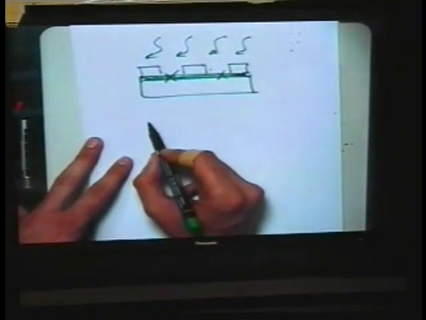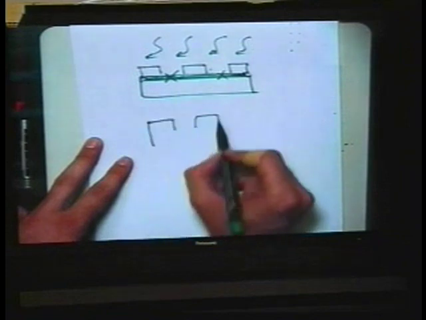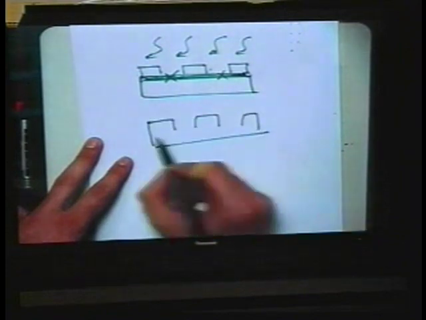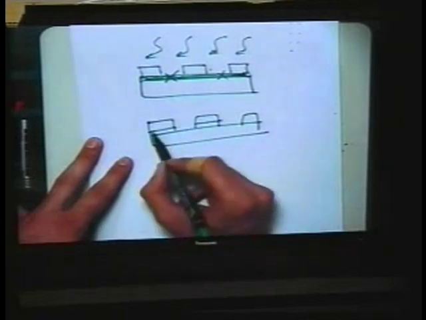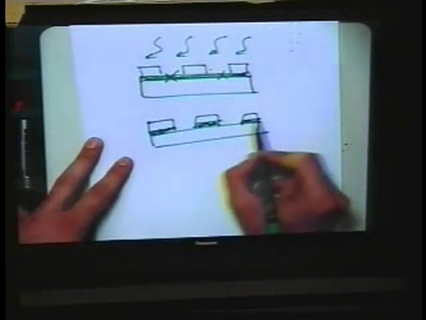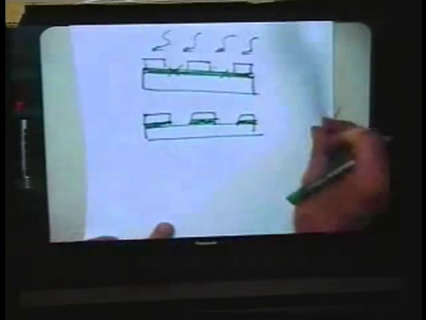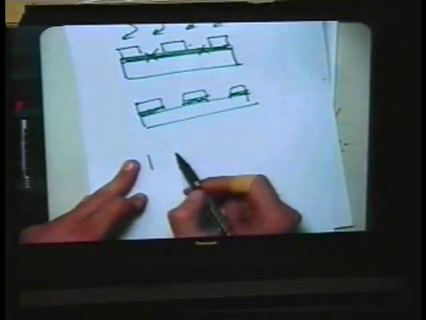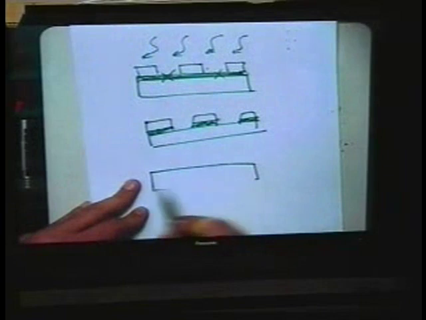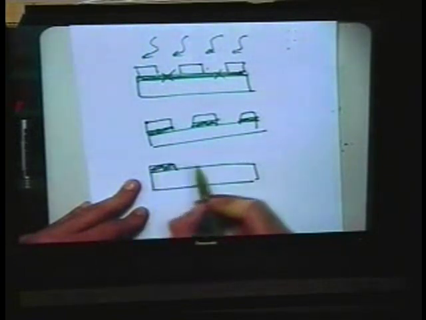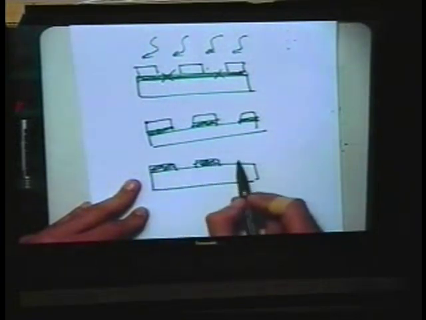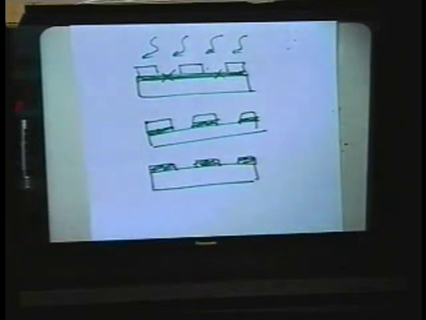What you will end up with is something like this, then you also remove the rest of the photoresist. So that would now be a binary amplitude grating, because you have aluminum blocking the light here and then nothing here, so the light goes through.